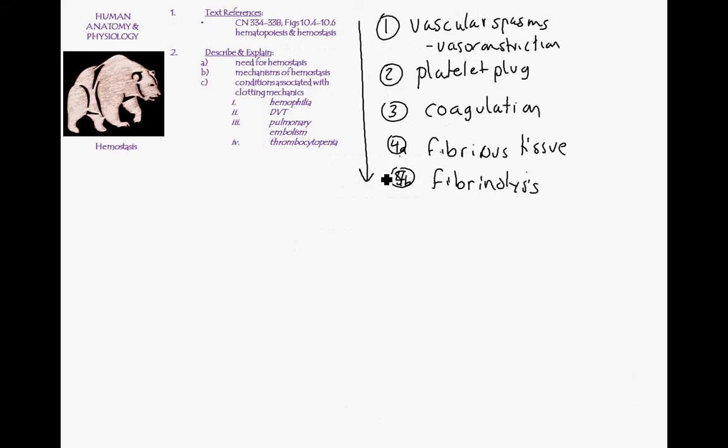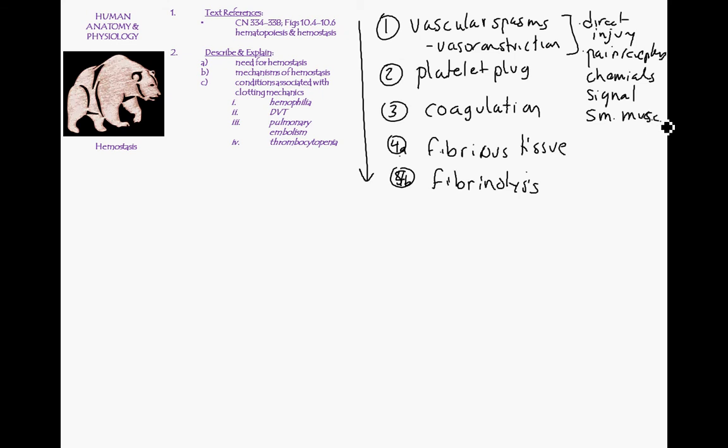The stimulus for this to happen is any sort of direct injury to the blood vessel, and also pain receptors in the blood vessels release chemicals that will signal the smooth muscle to contract and squeeze off blood flow.